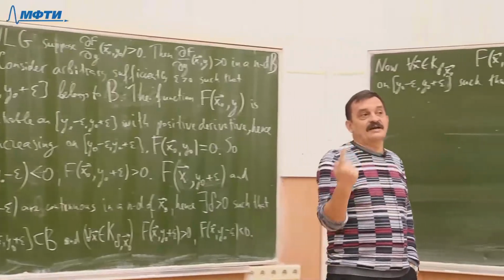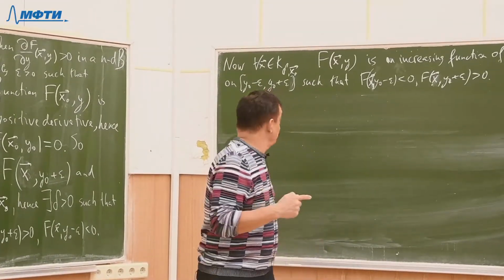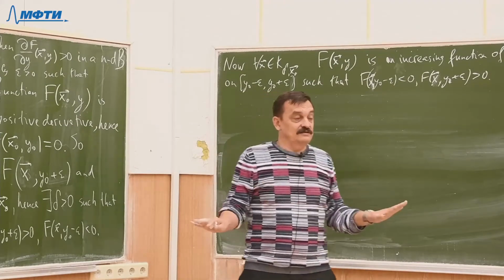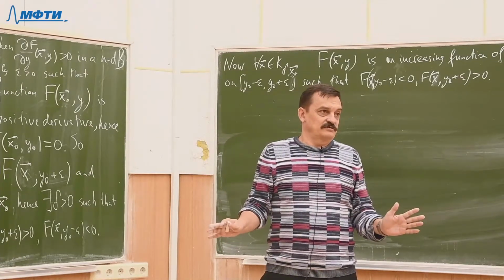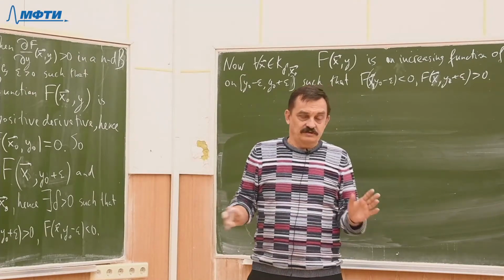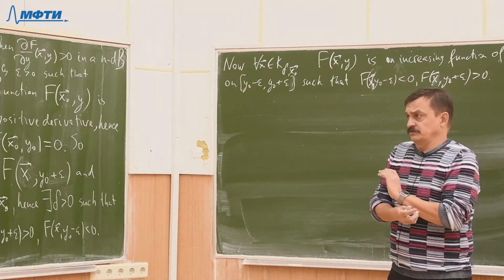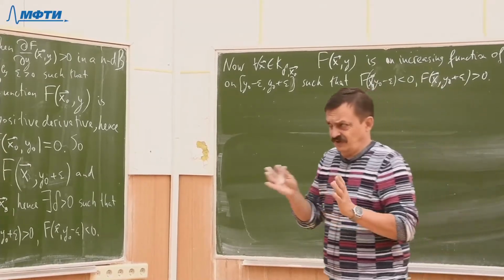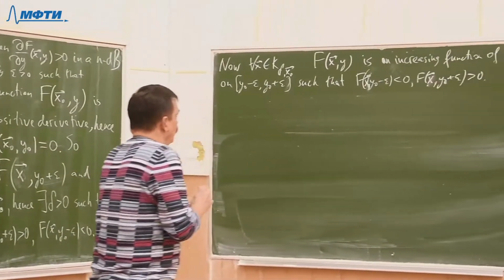If we can guarantee that our function is increasing for arbitrary fixed x, right, then it's enough for us. Continuity plus monotonicity. That's all we need. But I don't want to go into such weaker formulations. Okay.